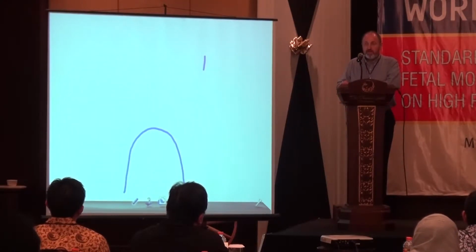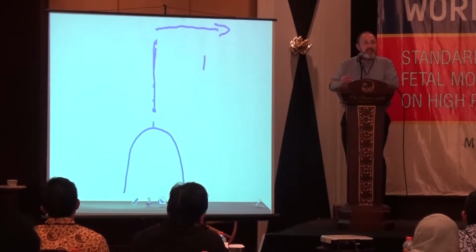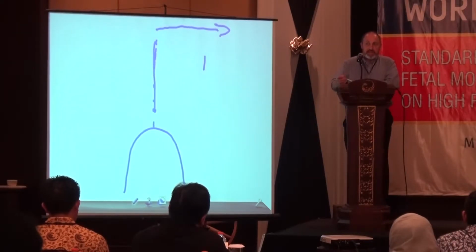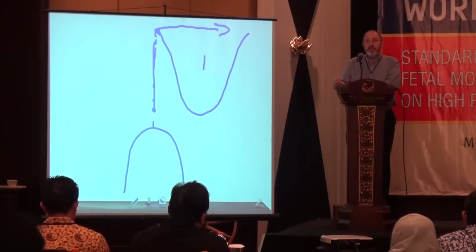Anywhere from here onward. So a late deceleration, the onset is at or after the peak of the contraction. So at any point from the peak of the contraction onward is classified as a late deceleration. It too has a gradual onset and gradual recovery.